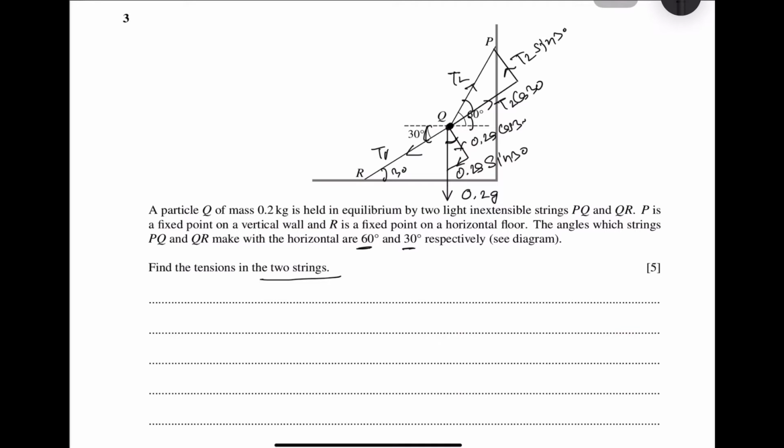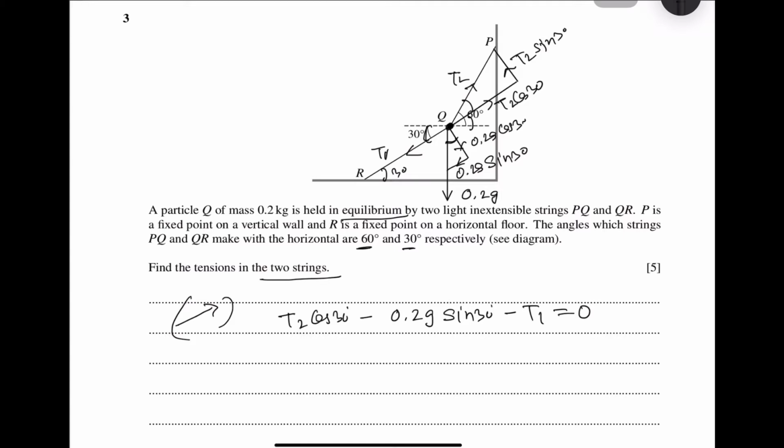Now if you resolve in this direction, since it is in equilibrium, there is no acceleration. So T2 cos 30 degrees minus 0.2 g sin 30 degrees minus T1 equals 0.